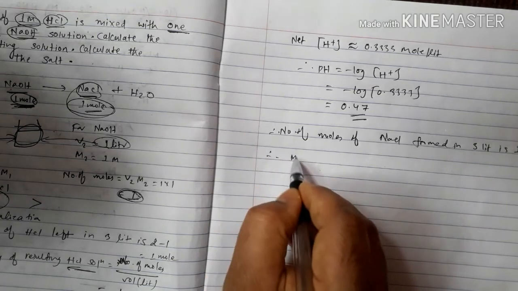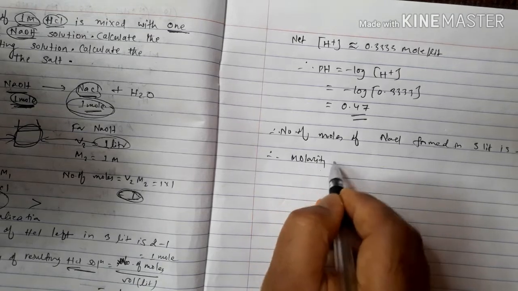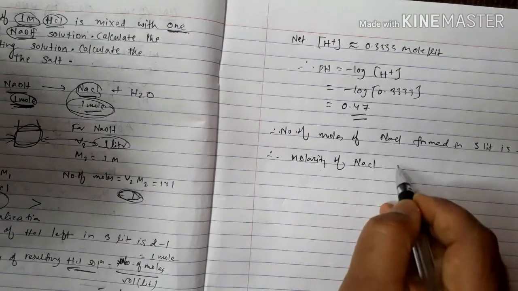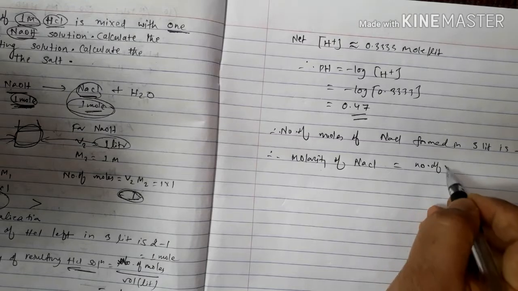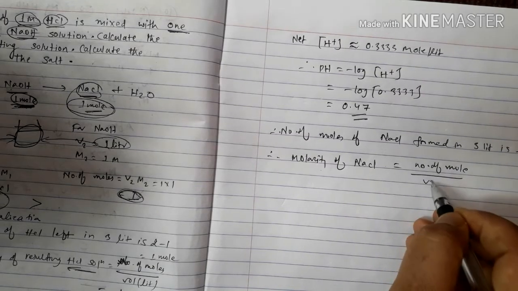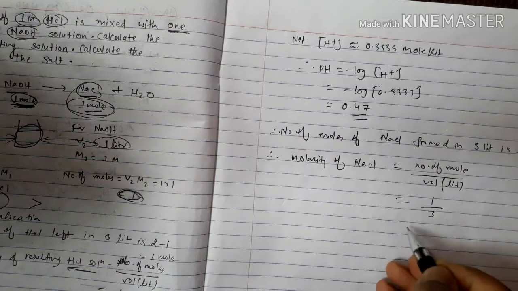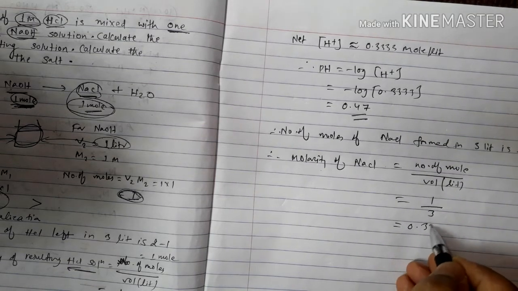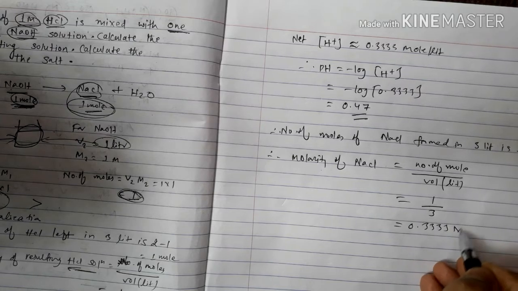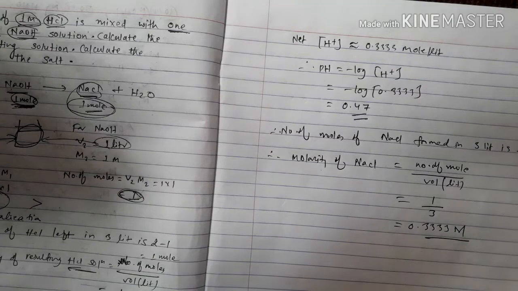Therefore the molarity of NaCl is number of moles by volume in liter. Number of moles is 1, volume is 3. The molarity of NaCl salt is 0.333 molar.